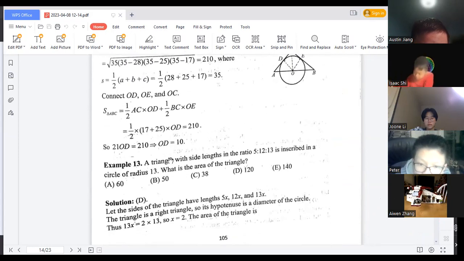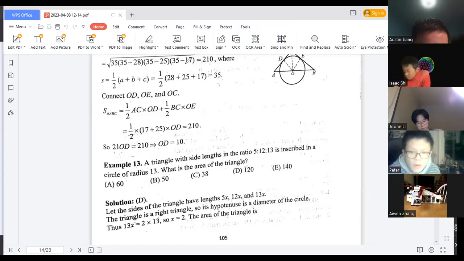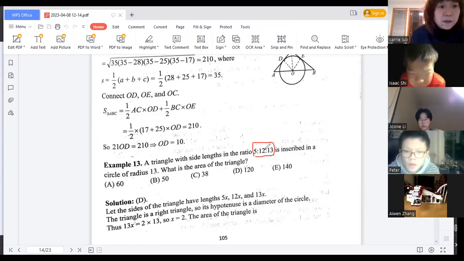So let's take a look at the last one, okay? A triangle with side lengths in the ratio of 5, 12, and 13. When you see the numbers 5, 12, and 13, even though the question doesn't tell you, it must be a right triangle, correct? It is inscribed in a circle of radius 13. What is the area of the triangle?